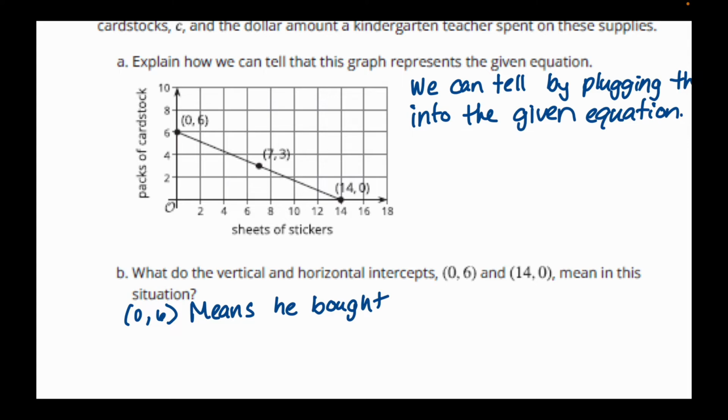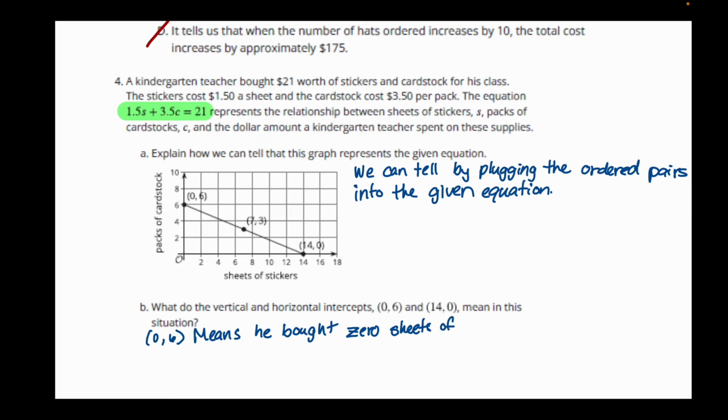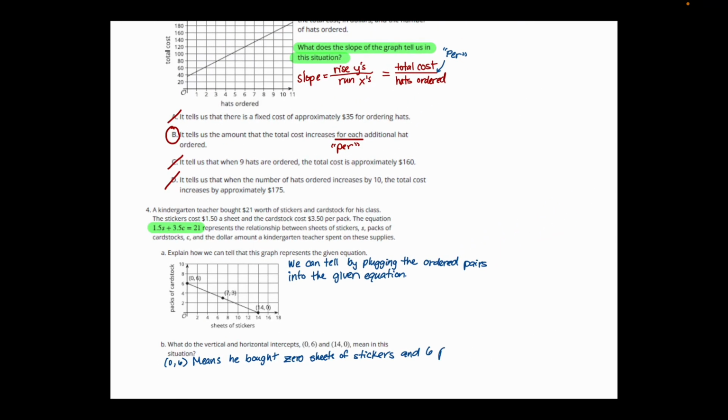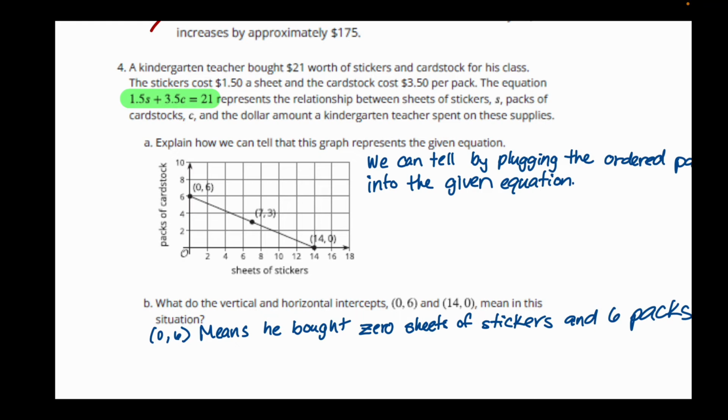So (0, 6) means he bought 0 sheets of stickers and 6 packs of cardstock. Okay. And then I'm going to write in red for the other one, (14, 0).